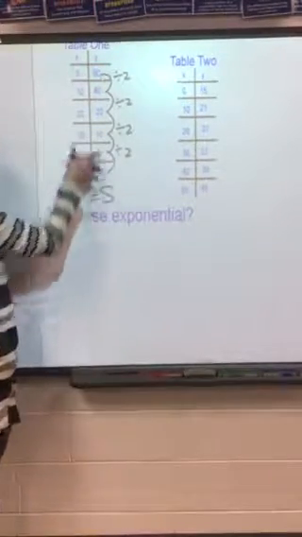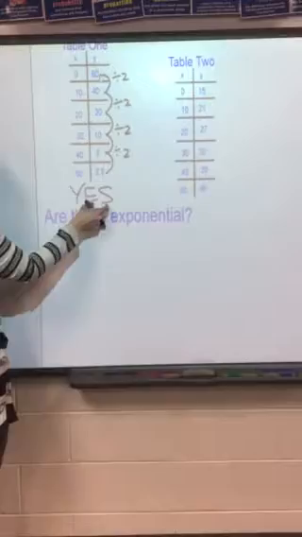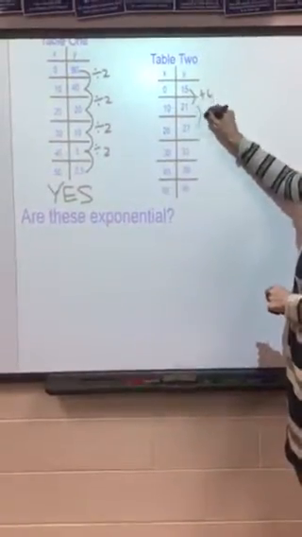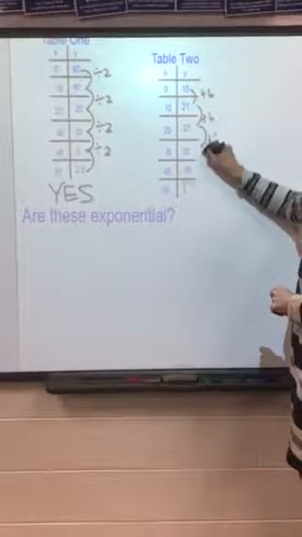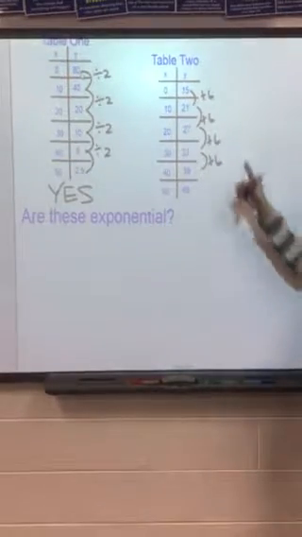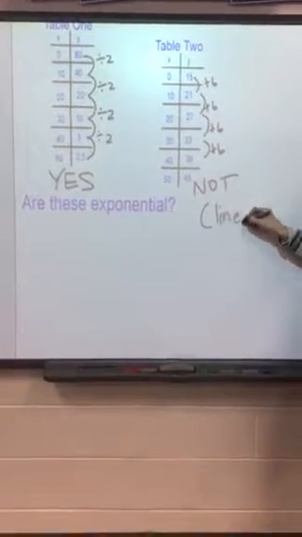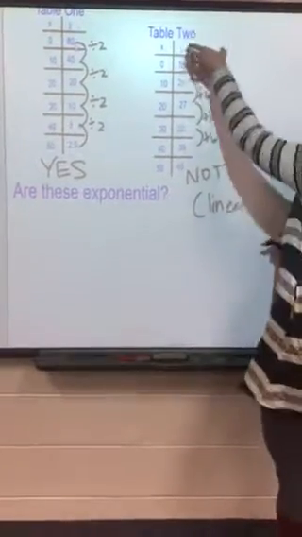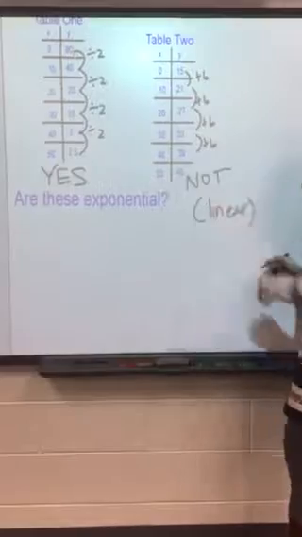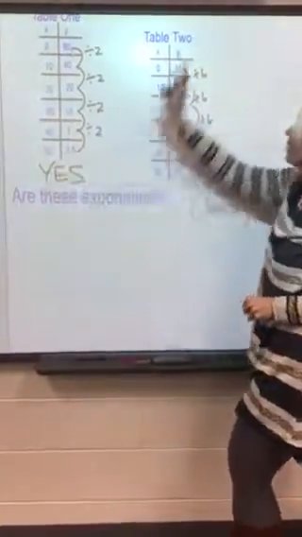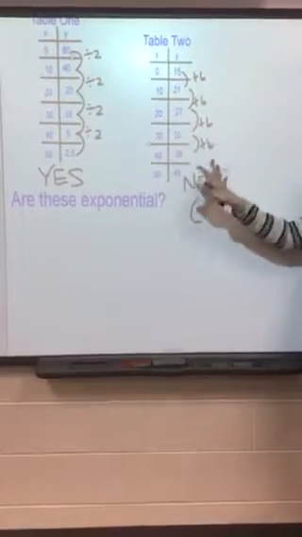This is exponential because I have this common division. Over here, we're adding 6, adding 6, adding 6, adding 6. This is not exponential. We actually call this linear because it has a common difference. So just to review, a common factor is exponential, a common difference is linear.